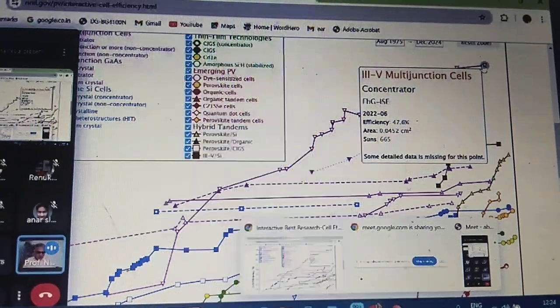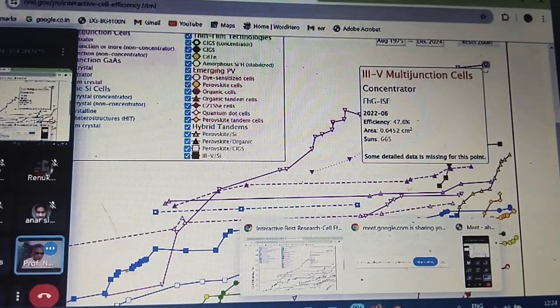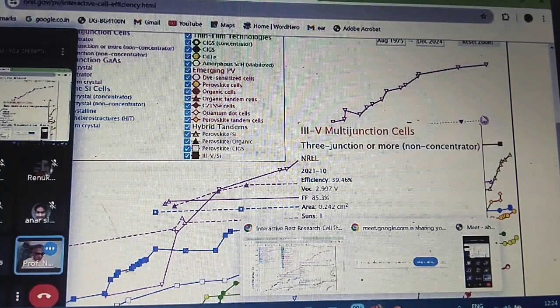Then we use the III-V multi-junction. So 47.6 has been achieved. And if I go to this one, this is also III-V multi-junction cells without concentration. Here efficiency is 39.46. That is the maximum achieved. Year is also mentioned here.